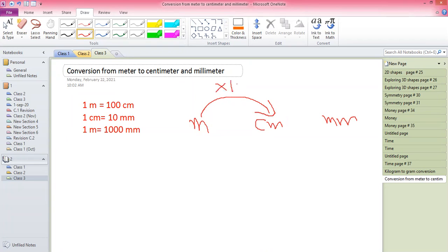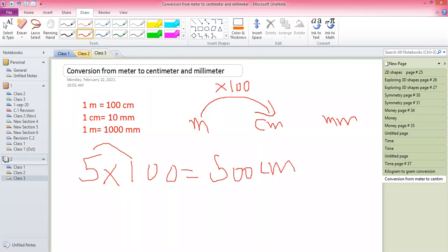You will multiply it by 100. 1 meter is equal to 100 centimeter. If I ask you 5 meter equals to, you will say, sir, 500 centimeter. How do you know? 5 multiplied by 100. 5 multiplied by 1 equals 5, and you write the 0s as they are. So it is 500 centimeter.